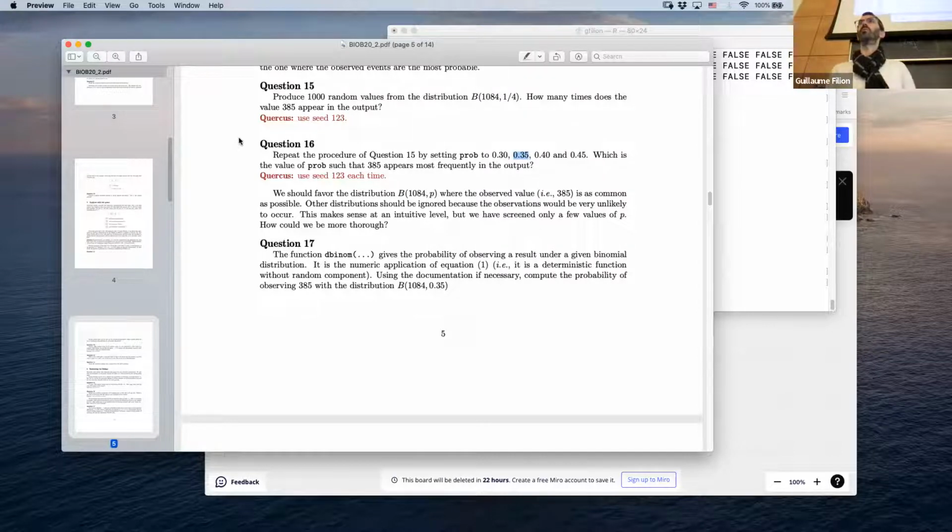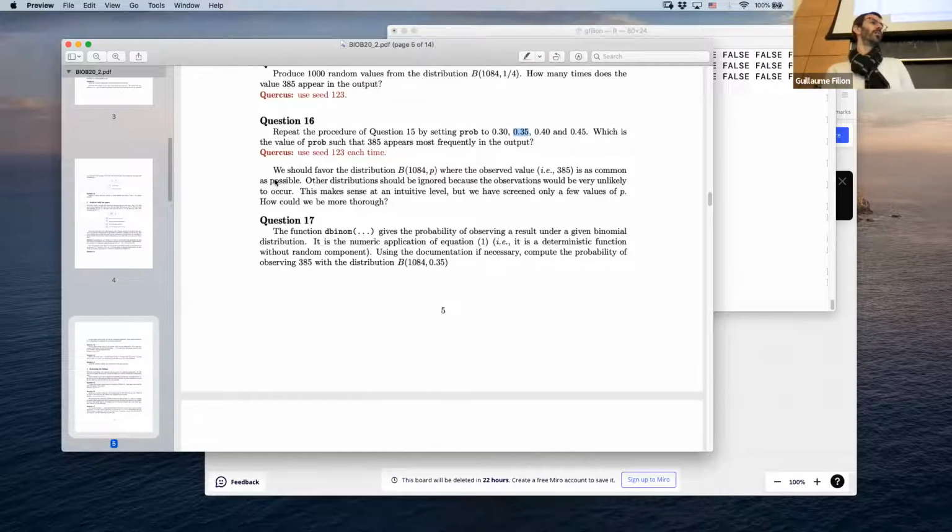It sounds very weird to say it this way. So we should favor the distribution B1084P, where the observed value, 385, is as common as possible. That's what we're saying now. Other distributions should be ignored or rejected because the observations would be very unlikely to occur. So that's what we've seen.